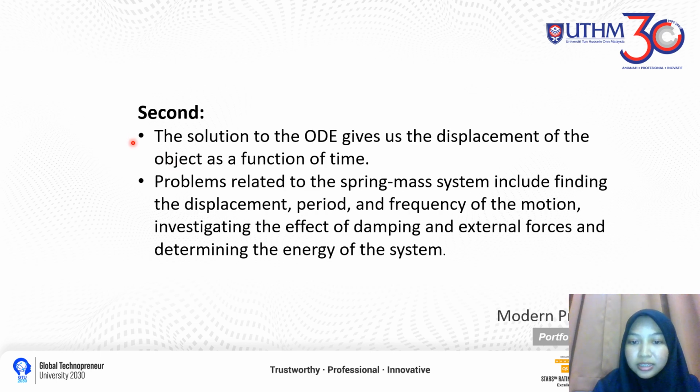For the second, the solution to the ODE gives us the displacement of the object as a function of time. So, problems related to the spring mass system include finding the displacement, period, and frequency of motion, investigating the effect of damping and external force, and also determining the energy of the system.